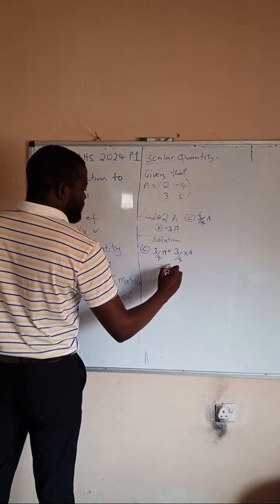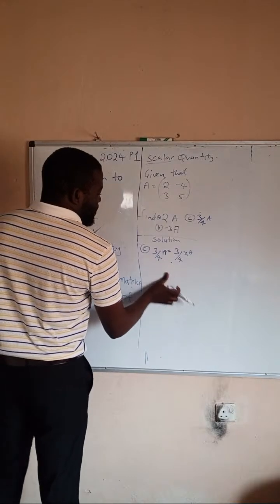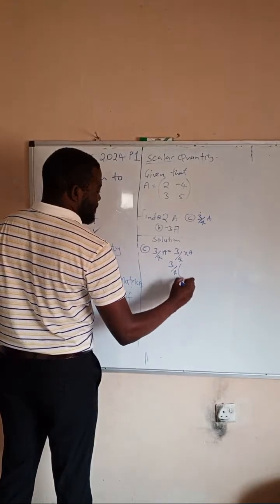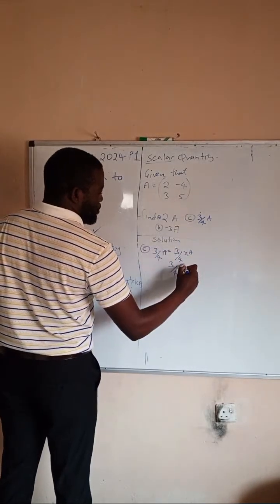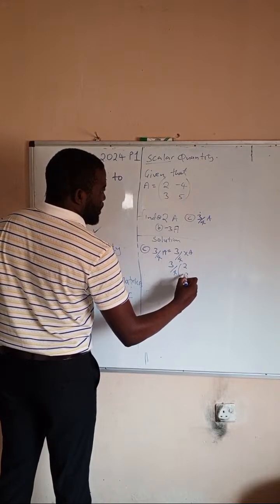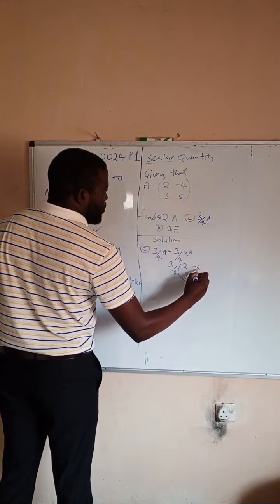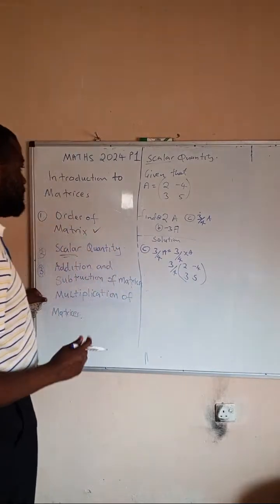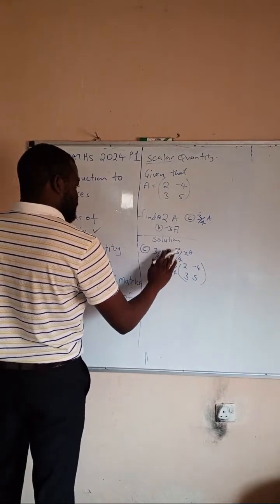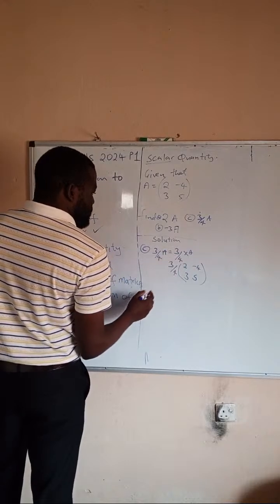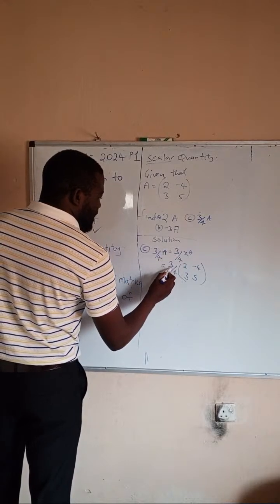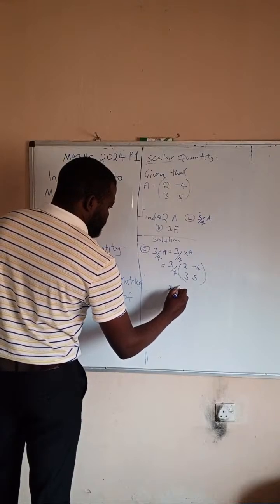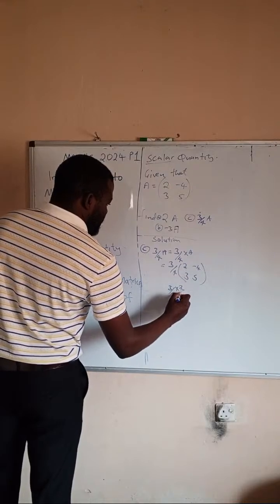So it will be 3 over 4 multiplied by matrix A: 2, 3, negative 4, 5. So 3 over 4 times 2 over 1.